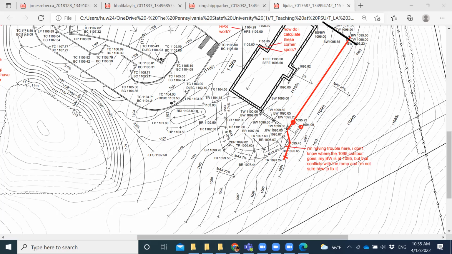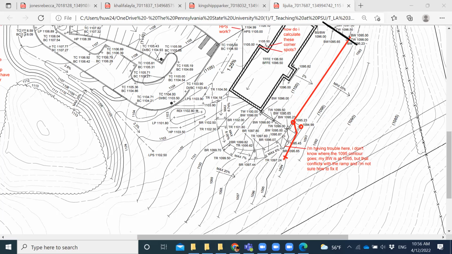So your contour is actually, well, honestly, maybe this is a better solution for it to go up again. I would do that. Then I would connect that back there. So everything is draining that way. That's the contour of 1095. So that will be at 1095.